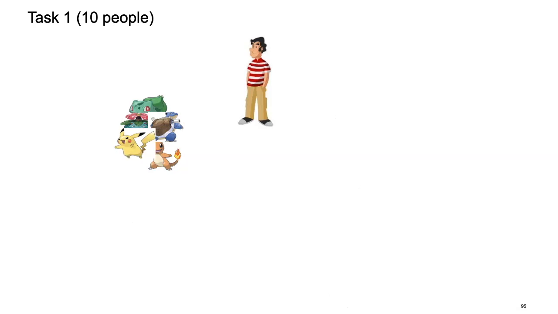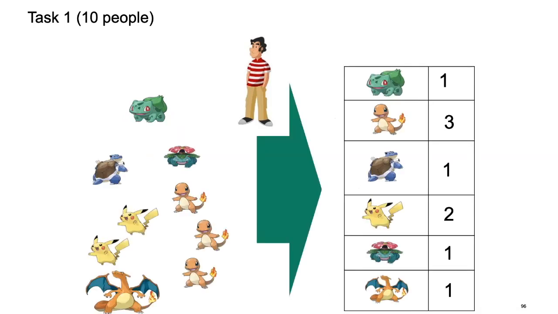And then every volunteer, every student is going to take these Pokemons of their batch, and they are going to write down on a piece of paper that I also prepare and give with the list of all the distinct Pokemons. And then for every Pokemon, they are going to write down, okay, I have one of these, 3 of these, 2 Pikachus, and so on and so on. Okay, so this is the output of every volunteer of the mapping task.